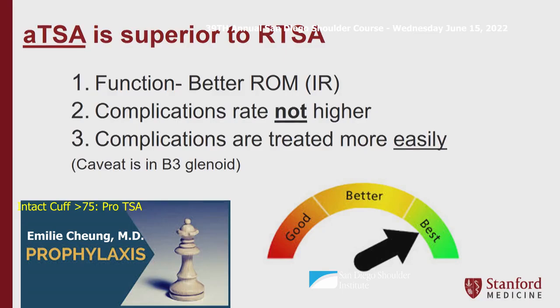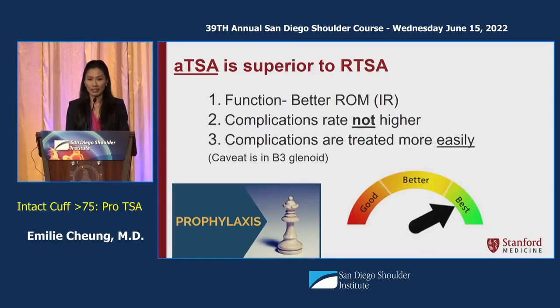Number one, the function of an anatomic will outperform that of a reverse. We know that in anatomic replacements, patients have better internal rotation, and the best result from an anatomic will outperform the best result of a reverse. Number two, the complication rate with anatomics is actually not higher than that of a reverse.